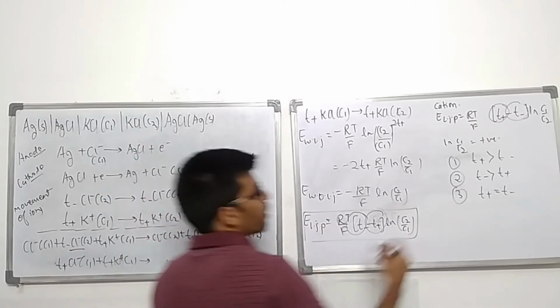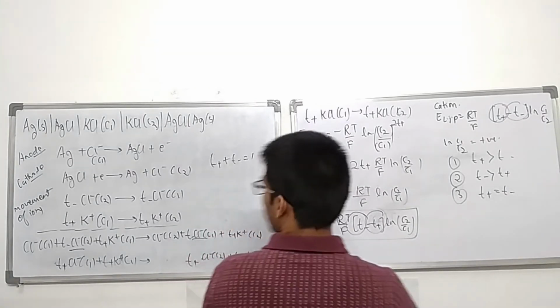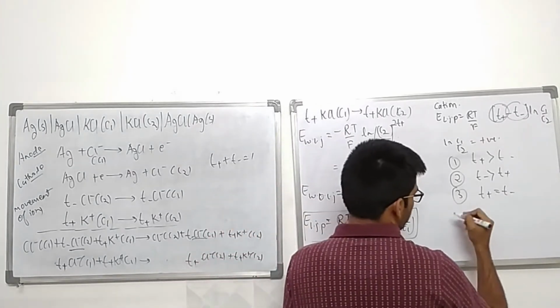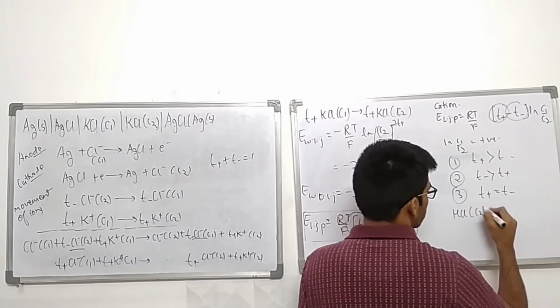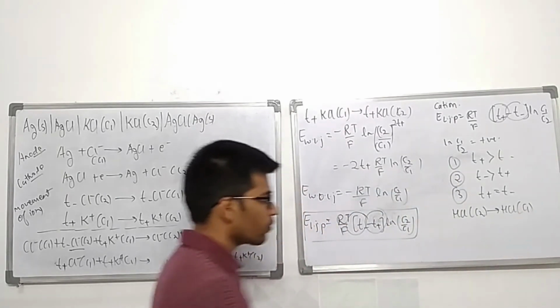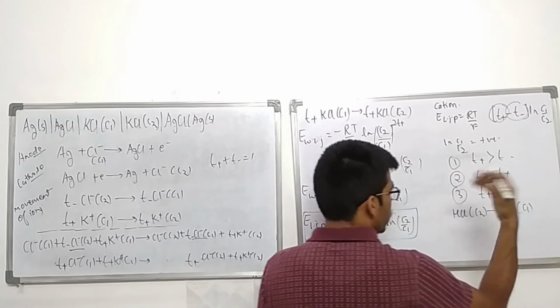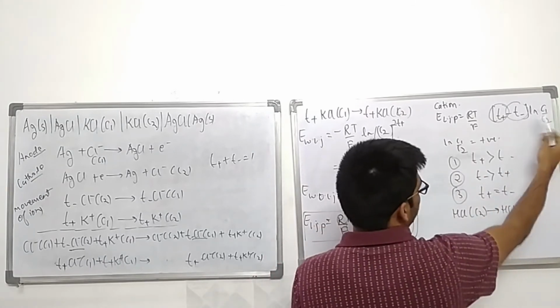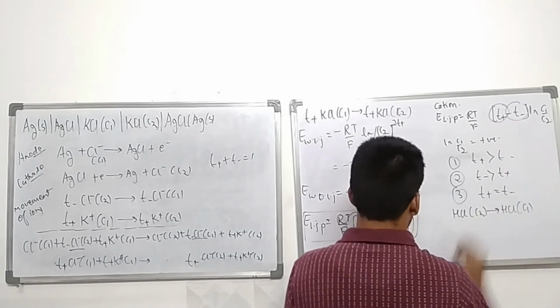The second is, you see, it is ln C1 by C2, right? And if you remember, the total cell reaction that we had got was HCl C2 gives HCl C1. So that means H plus was going from C2 to C1. In that way, I can say that the quotient was product by the reactant.